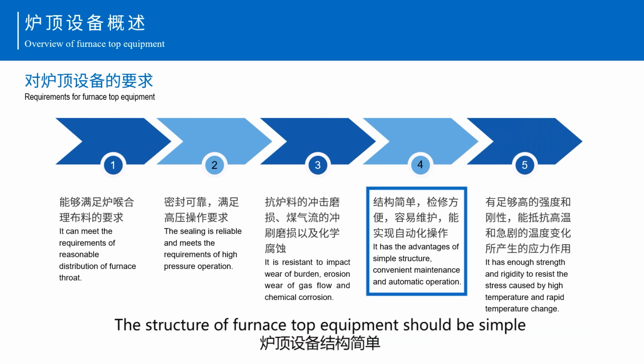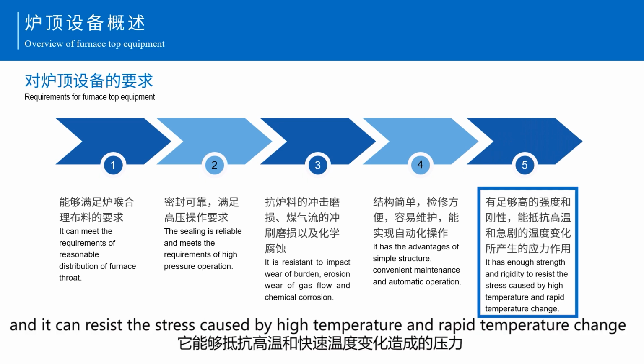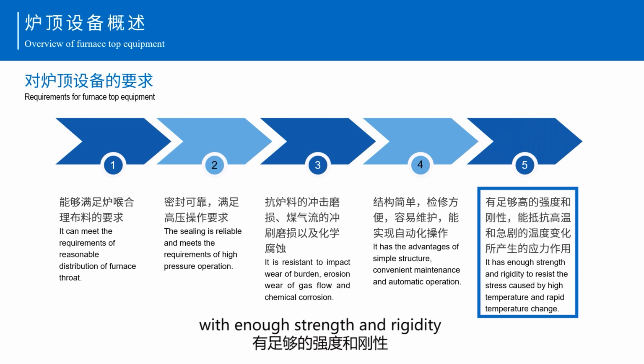The structure of furnace top equipment should be simple, easy to maintain, and automatically operated, and it can resist the stress caused by high temperature and rapid temperature change with enough strength and rigidity.